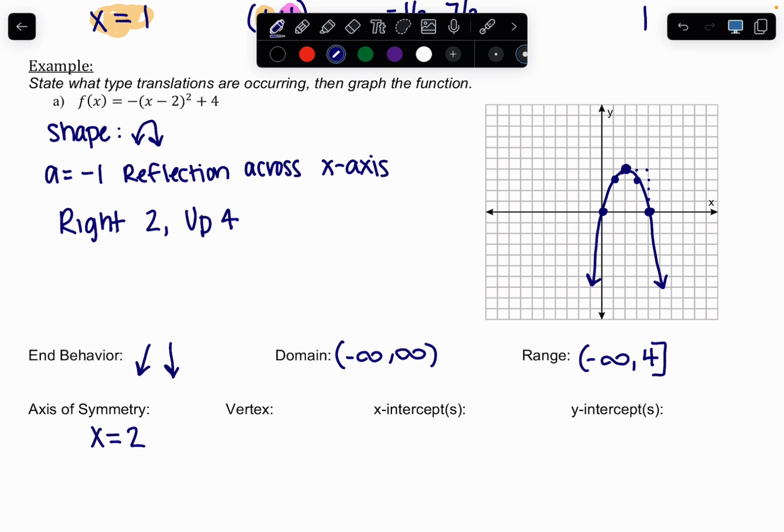Vertex. 2, 4. This one should be a little easier to tell. What are our x-intercepts? 0 and 4. And what about our y-intercept? 0 as well. Questions with the parabola?